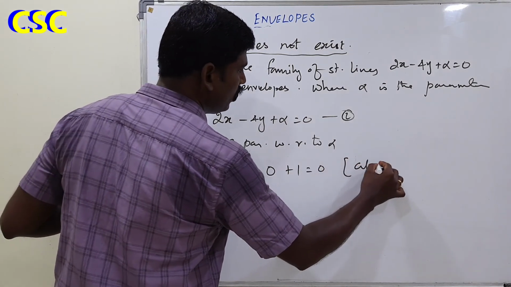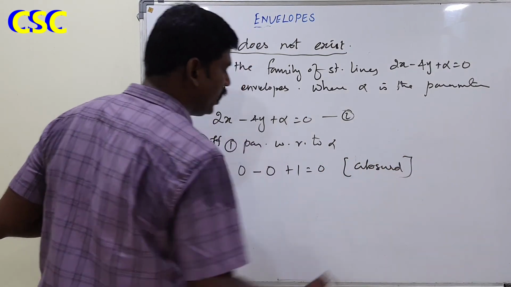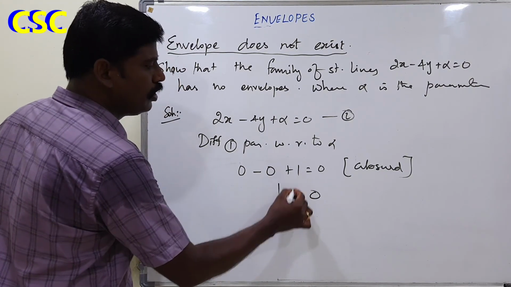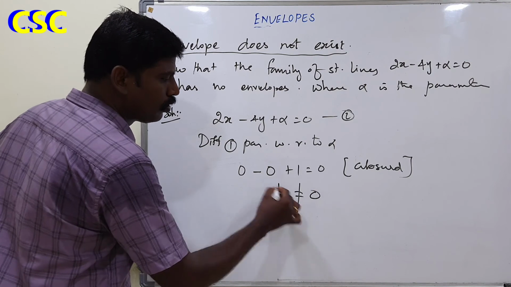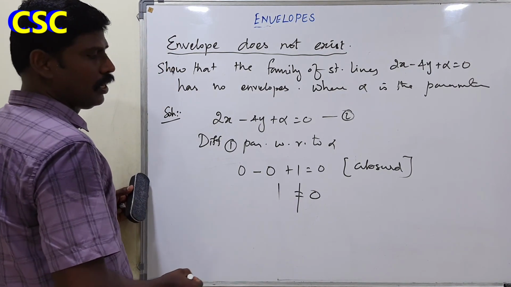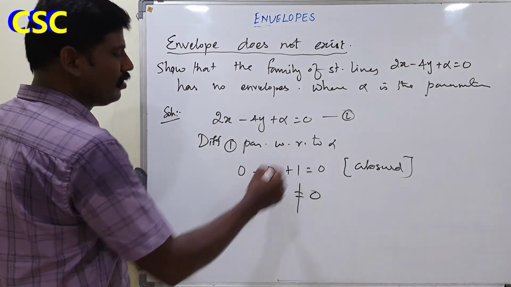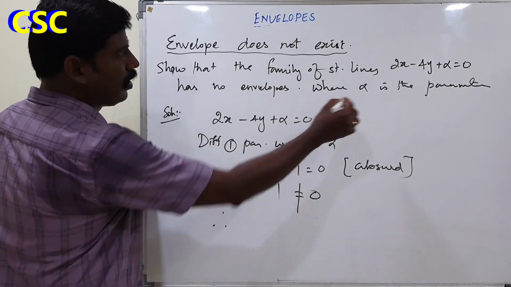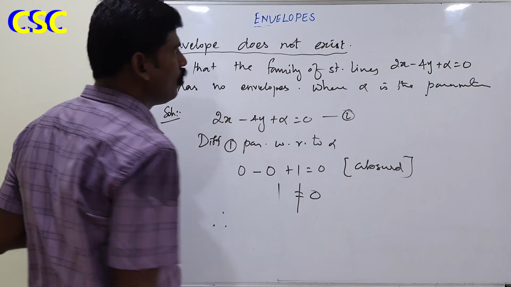This is absurd, a contradiction, isn't it? The left hand side value is 1, the right hand side value is 0. Both are not equal, isn't it? Right? So, therefore, we conclude that the given family of curves has no envelopes.